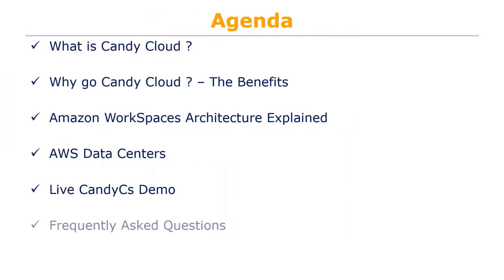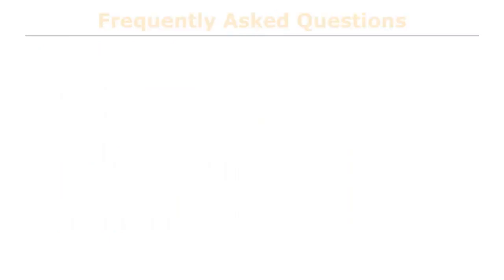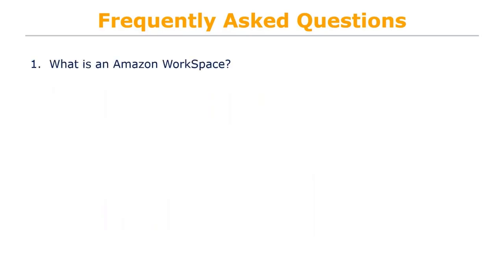Next on our agenda, some frequently asked questions. Now that we've painted a clear picture in your mind of what Candy Cloud is, let's address some of those questions that might have started to surface. What is an Amazon Workspace?